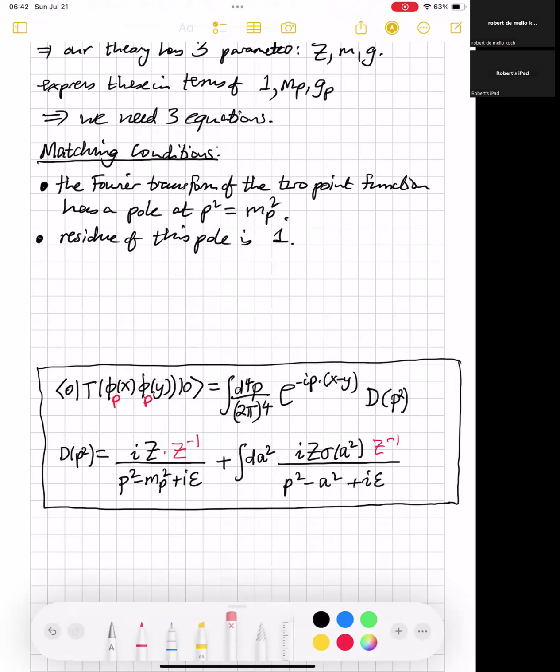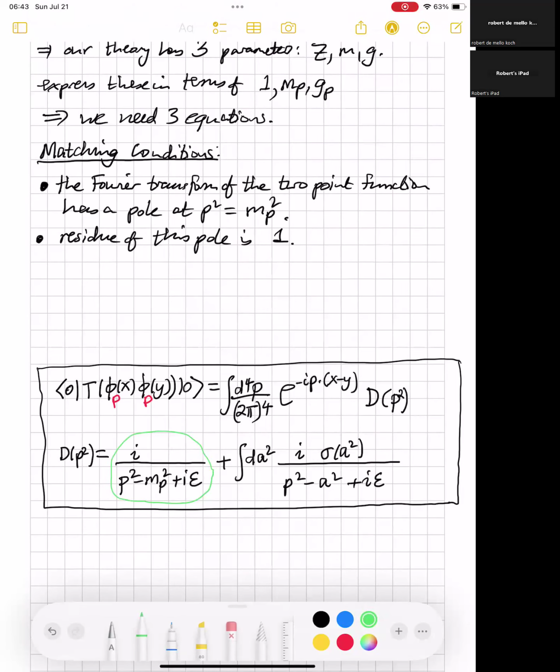Once I've multiplied by the z to the minus 1/2, I lose that z and I lose that z. And now you see very explicitly that indeed the residue of the pole is 1. You get that by looking at this term that I have just circled in green.